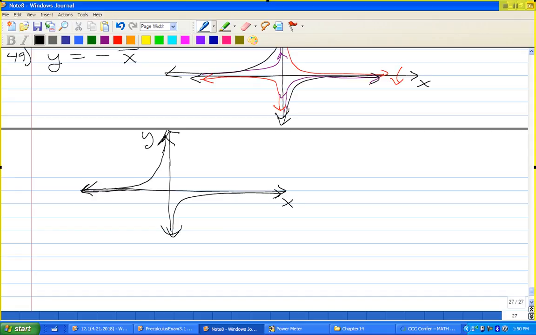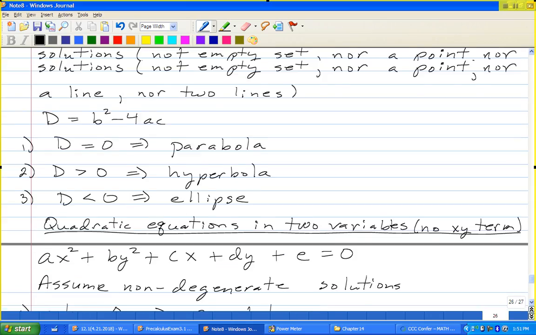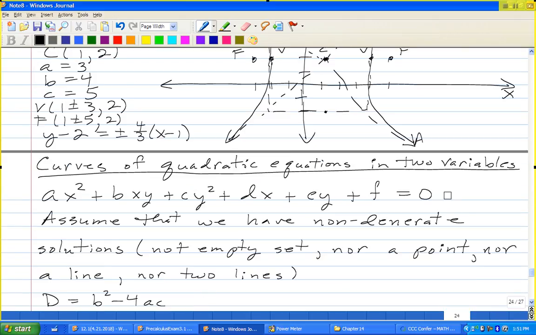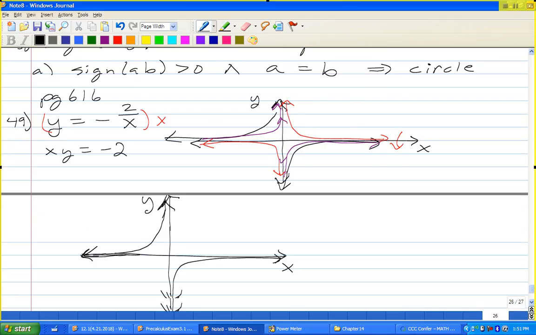Now, you may wonder, why in the world are we doing this from several chapters ago? What you'll notice is the following. If I multiplied this by x, I would get xy equals negative 2, which says it's an equation of this form, where in this case b is 1.